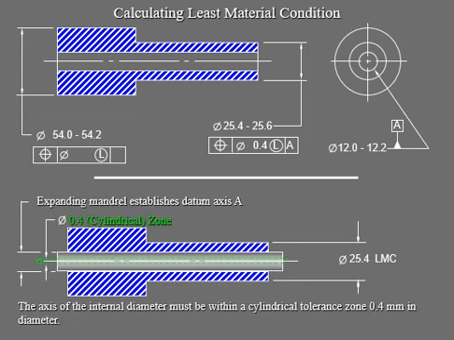Then we have our cylindrical, the green little zone right there. That's 0.4 because it said so. And here is your 25.4, your LMC, because it's got to be the largest hole, because least material is what we are considering at that time, the smallest shaft that you are getting.